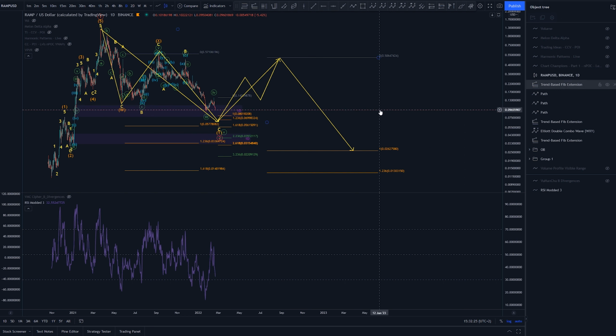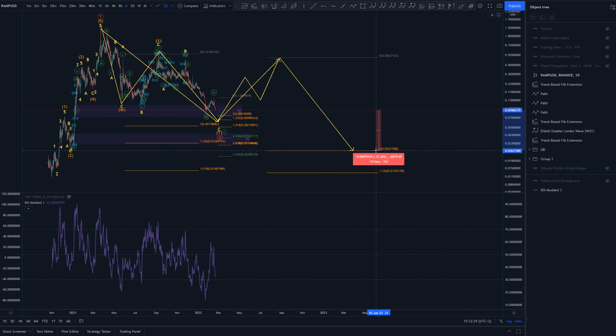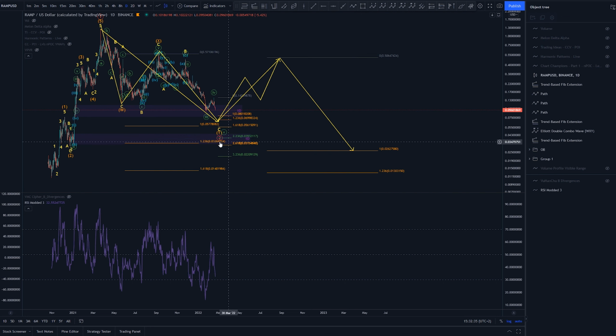It doesn't sound like a lot, but again, another 72%, 73% from current price. So yeah, that is the risk here.